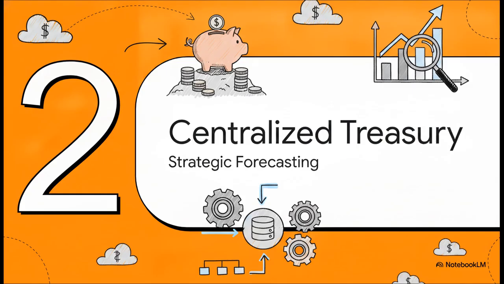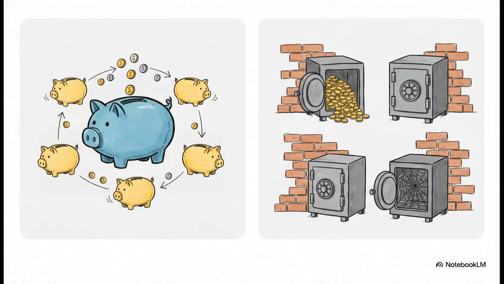Moving right along to Section 2, Centralized Treasury and Forecasting. There is a night and day difference between organizational structures when we talk about managing cash. When a company centralizes its treasury, it unlocks this incredibly strategic, cohesive cash flow forecasting. All the liquidity is pooled together. And what that means is, if one subsidiary happens to have a cash deficit and another has a surplus, the treasury can just balance them out internally.